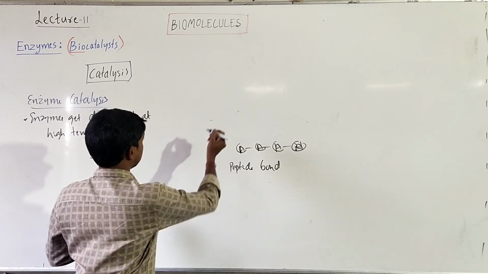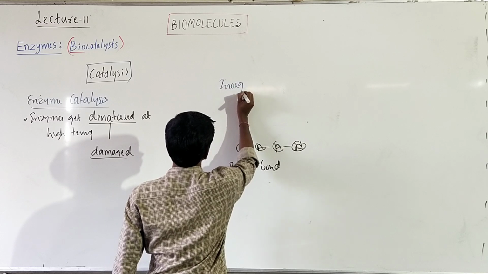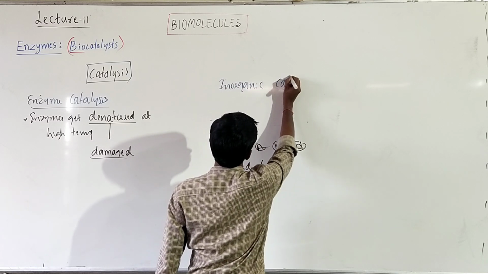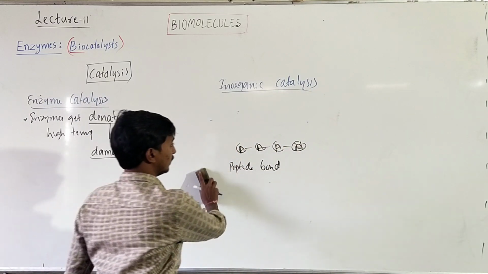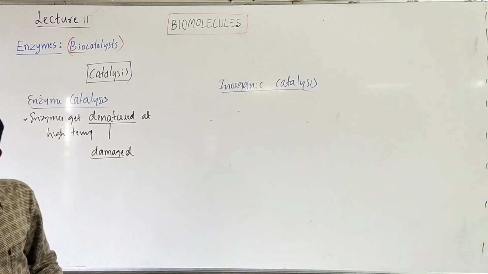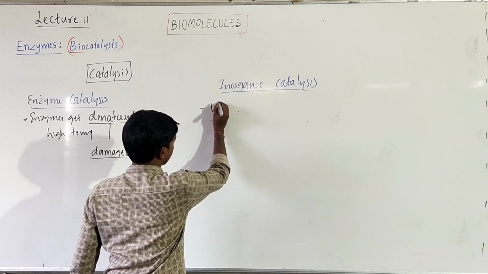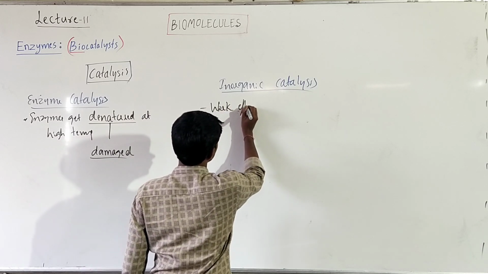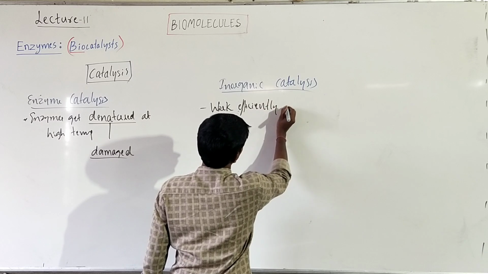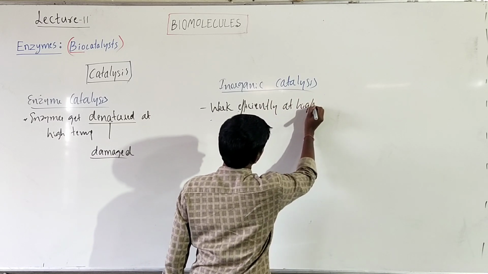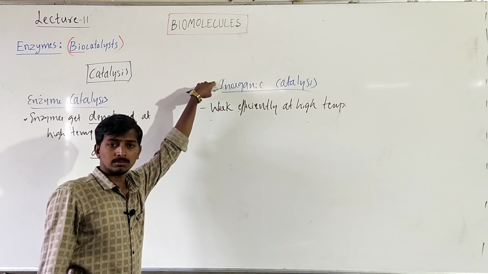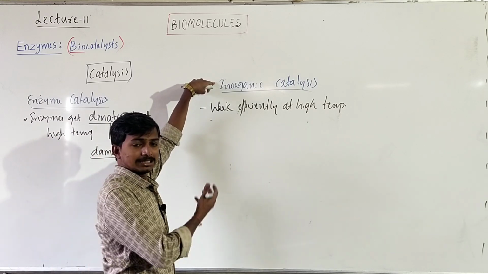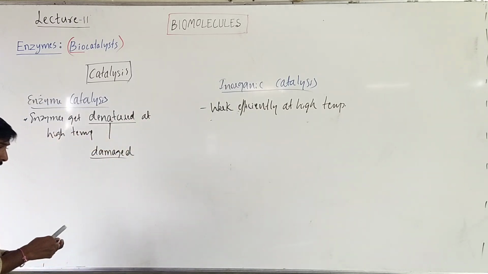But when we come to inorganic catalysis, it works efficiently even at high temperatures. Inorganic catalysts work at high temperatures because there is no biological molecule, no biomolecule, just chemicals, so they enhance the reactions even at high temperatures.